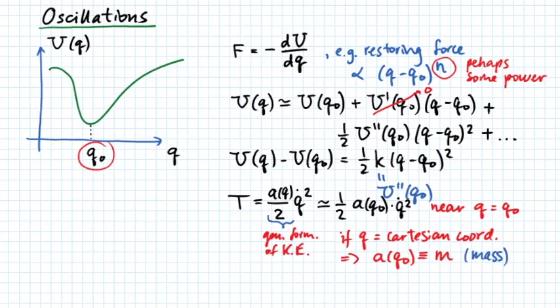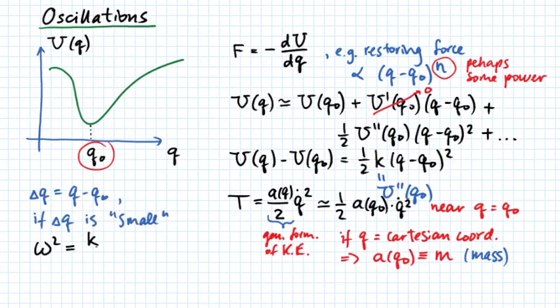Knowing potential and kinetic energies, we can write the equation of motion from which we will find that for small displacements delta Q, defined as Q minus Q naught from the equilibrium, the angular frequency of these oscillations will be given by coefficient K divided by this coefficient A, mass equivalent, and it's going to be constant.